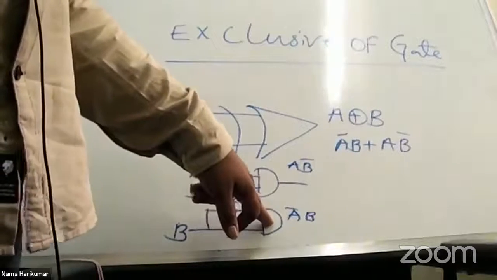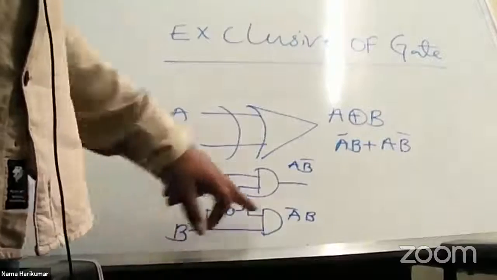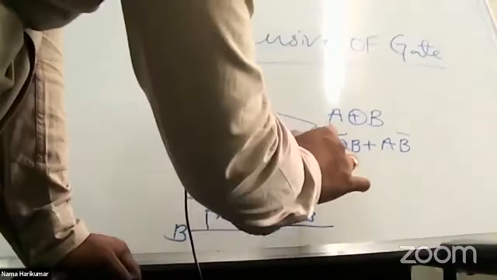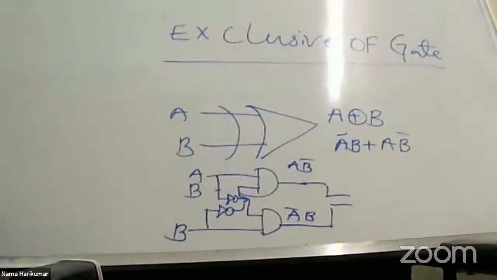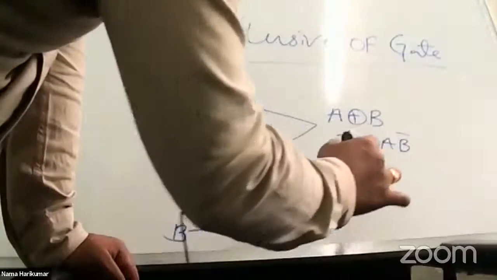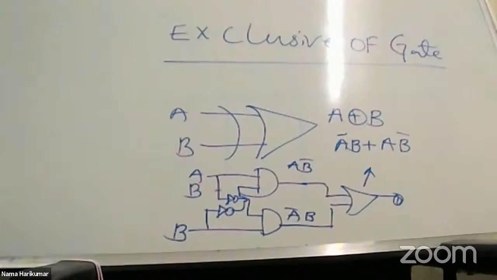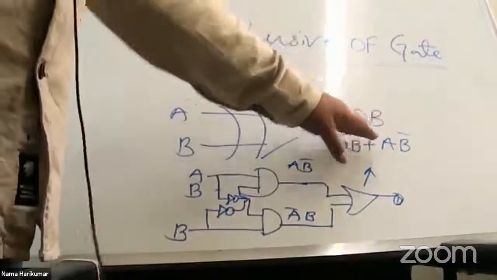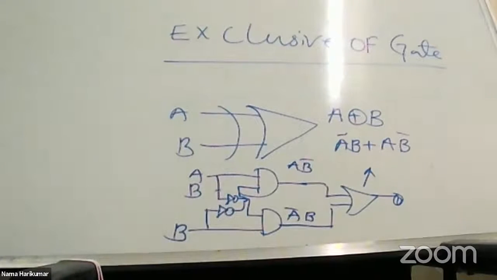Then B is directly there. Next, A B bar and A bar B, both we have to connect to the plus, an OR gate. That forms the exclusive OR gate process. So the exclusive OR gate is A circle plus B, or A bar B plus A B bar, and we have to connect it like this.